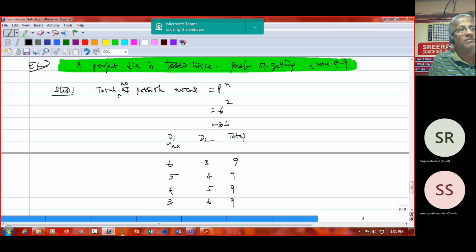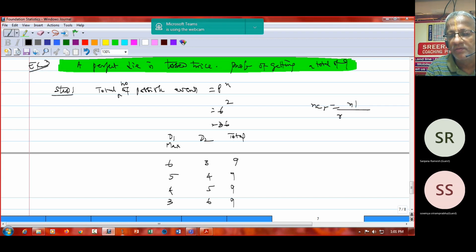Come on, tell. What is the formula for nCr? nCr is equal to n factorial by r factorial into (n minus r) factorial.